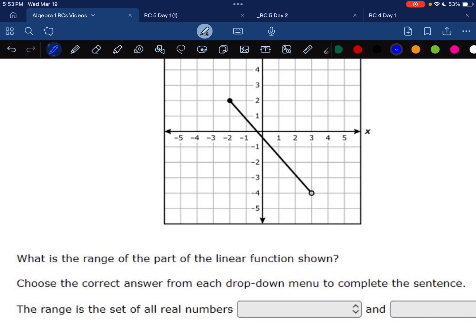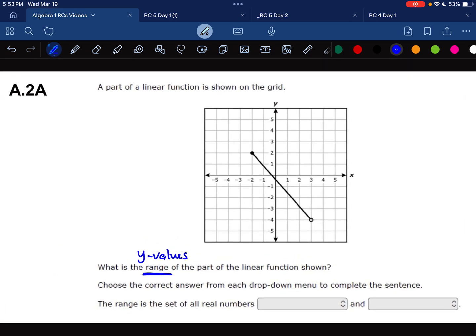So if they're asking for the range, what values are we looking for? The Y values. So if we're looking for the Y values, which direction do we read from? Left to right or down up? So I am focused on down up.